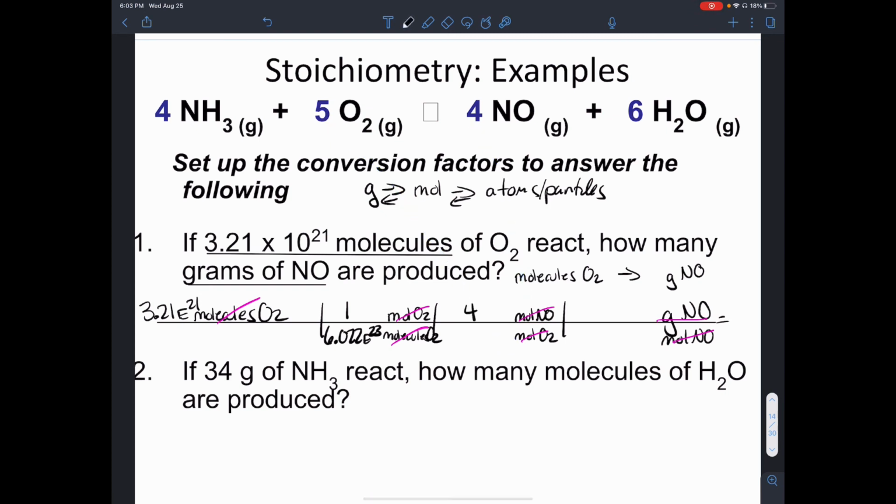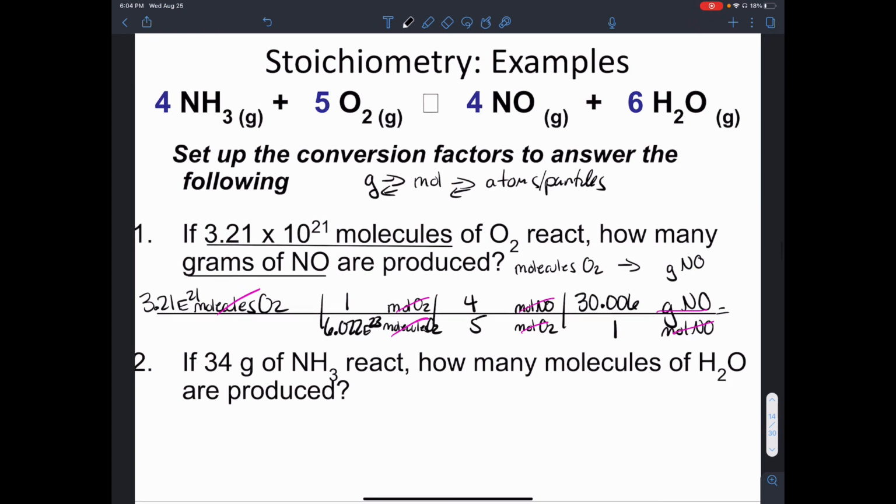So 4 of these for every 5 of these. Finally, do I know the ratio of grams of nitrogen monoxide to moles of nitrogen monoxide? Well, nitrogen monoxide has a molar mass, and 1 mole of it would weigh. All right, that's it. That's how I start with molecules of oxygen and end up with grams of nitrogen monoxide.